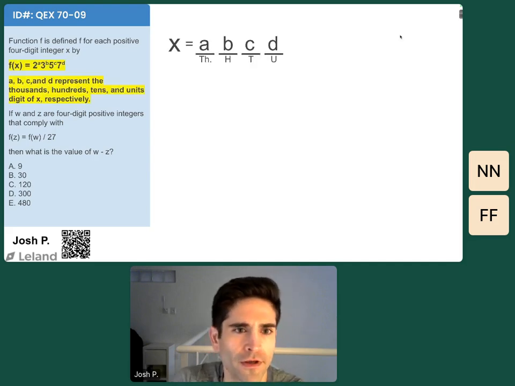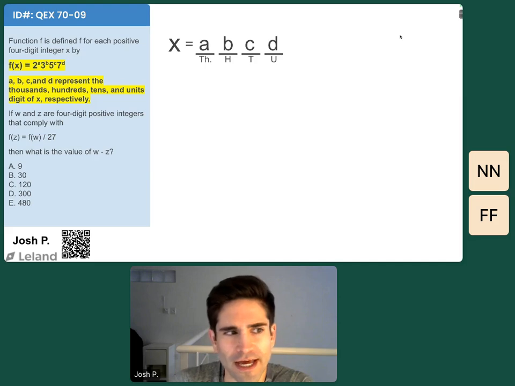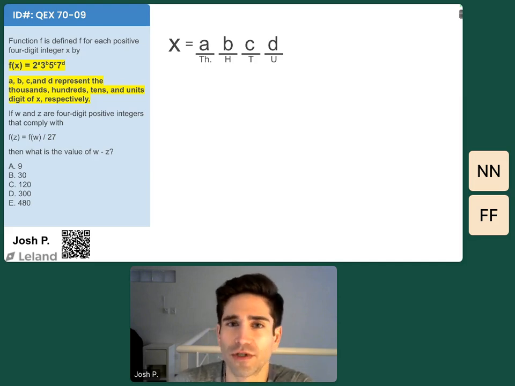So we're told that function x is essentially 2 to the a times 3 to the b times 5 to the c times 7 to the d, when a, b, c, and d represent the thousands, hundreds, tens, and units digit of x, respectively.